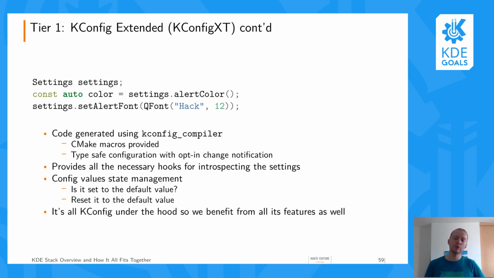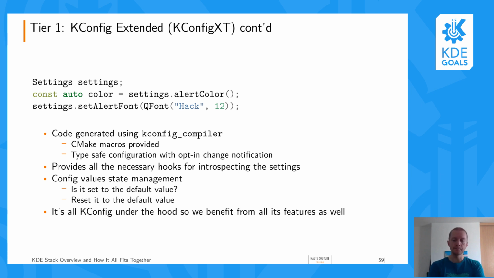We provide CMake macros to help with using KConfig compiler. You get type-safe configuration. You can also opt in to have notification changes for keys inside of your settings. You also get all the necessary hooks for introspecting the settings, like is the setting value for that particular key at the default value for now, or is that something the user overrode?